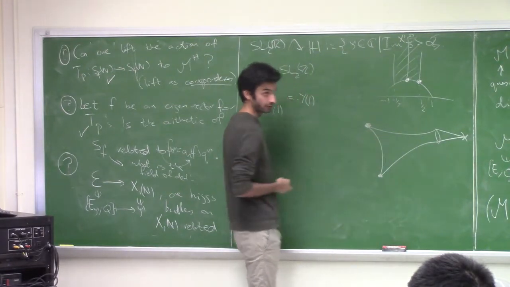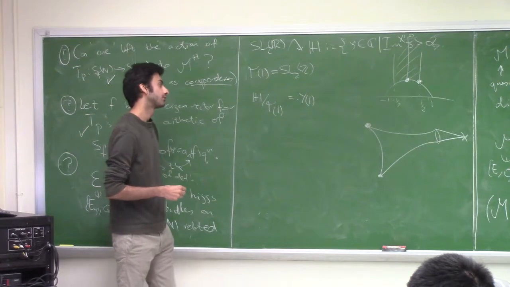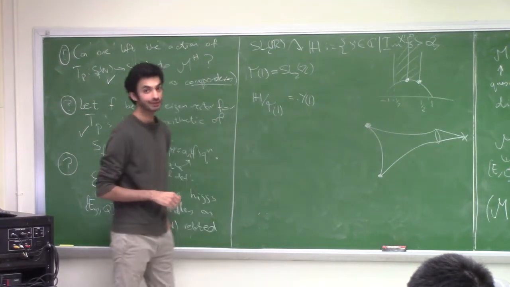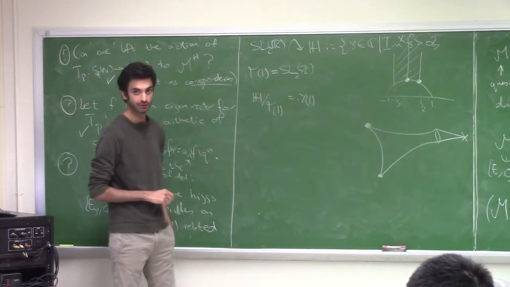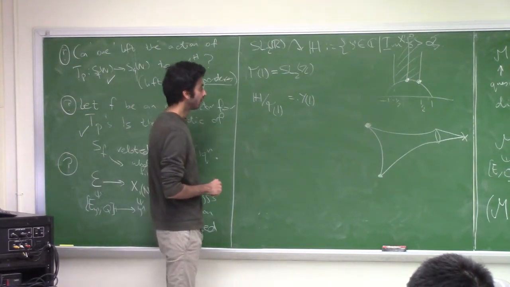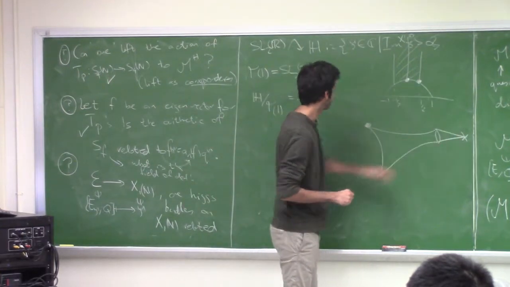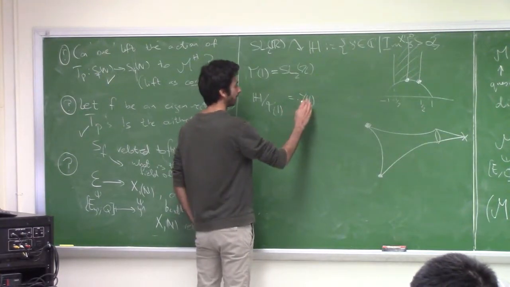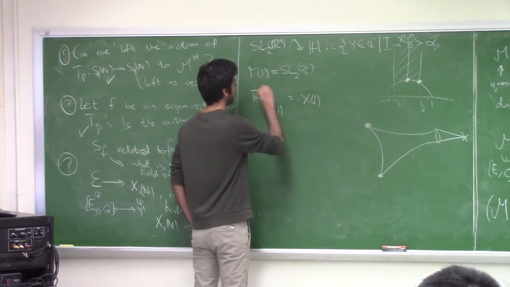Over everywhere, because the center of SL2Z is plus minus identity. Ah, yeah, that's true. Okay, so let's consider it as a coarse moduli space as of now. And this compactification, by adding a cusp, that's what we will really use, we will denote by X1.